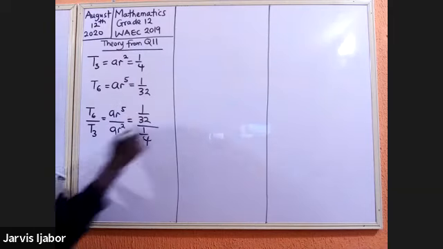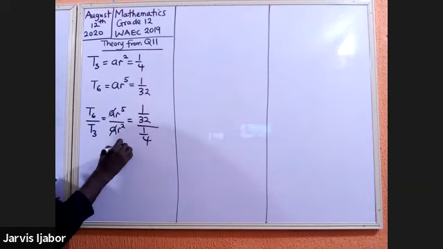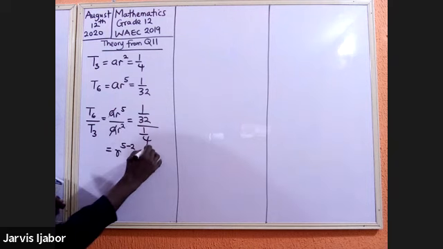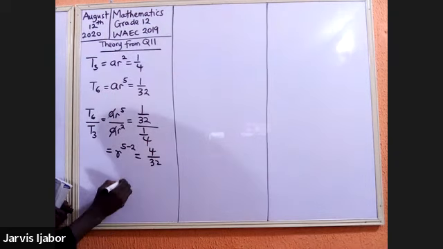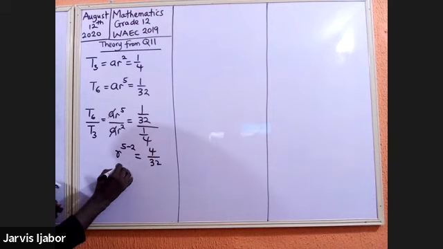So with this understanding, this will cancel this, and applying your knowledge of indices, R to the power of 5 minus 2, this will be equal to 4/32. And that will mean that R to the power of 3 will be equal to 1/8.